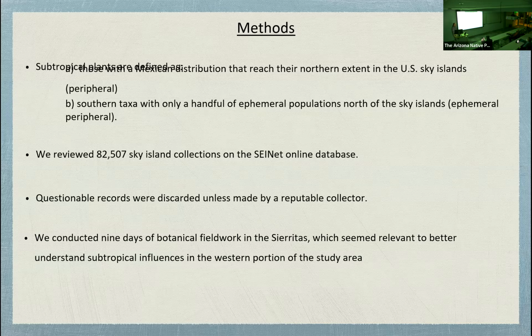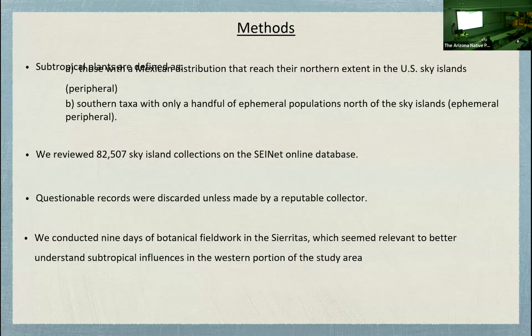As I went through all of these different collections for the Sky Islands, it became clear that one range seemed particularly important because of some of the really rich areas with subtropical influences around it: the Sierrita Mountains. There were only about 100 herbarium collections from the Sierritas.